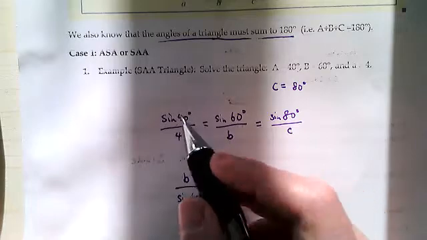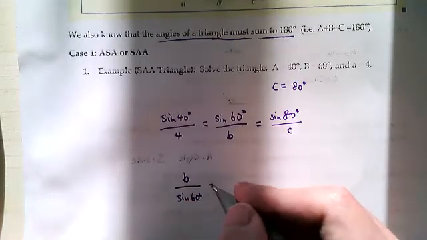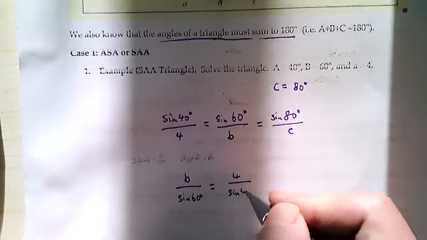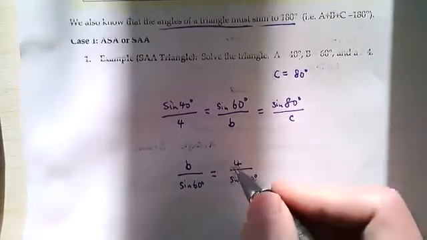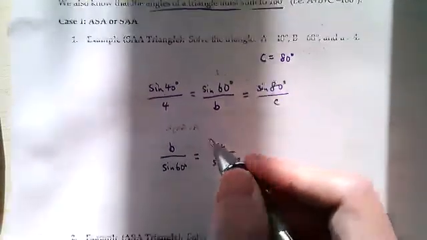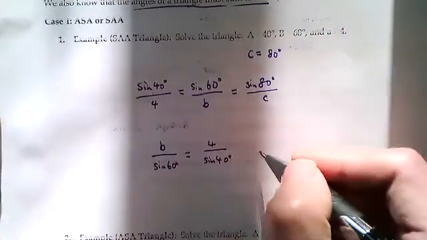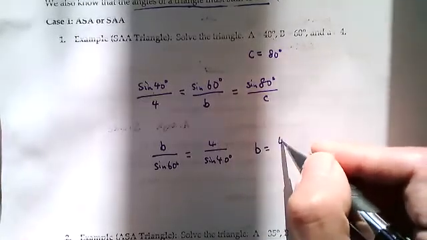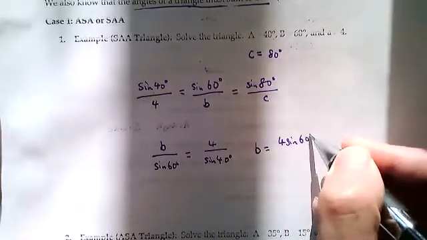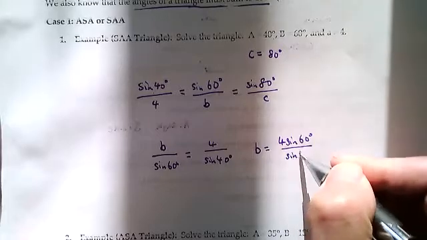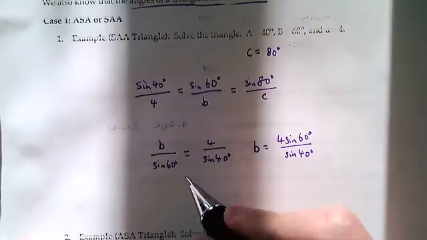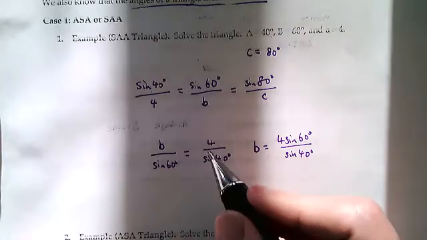So let's flip the fraction and figure it out algebraically. If you flip the fraction, you get this. Multiply both sides by sine 60. That's what you get, right? Multiply both sides by sine 60.